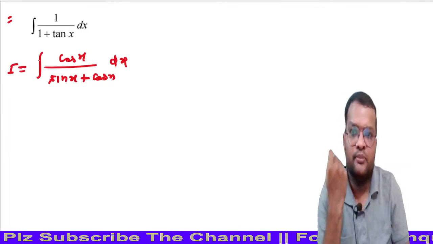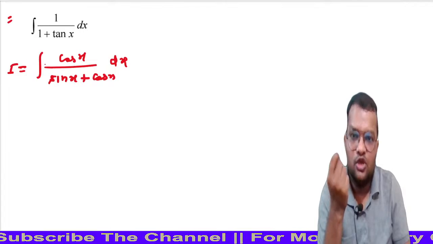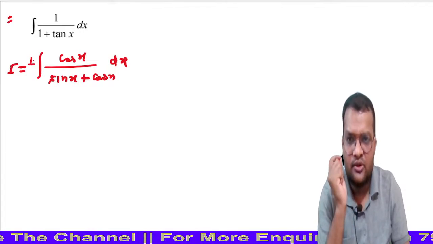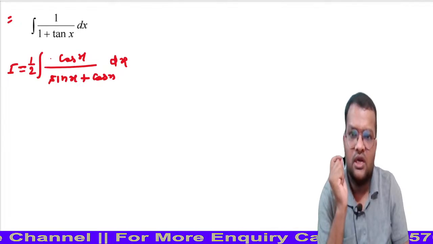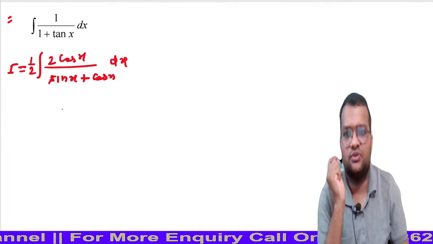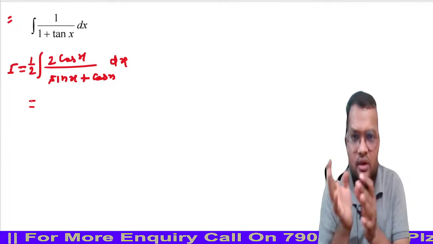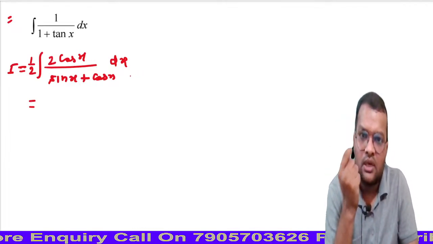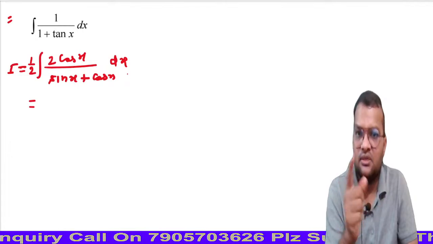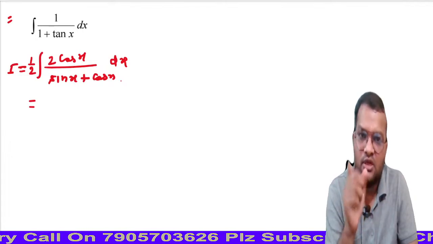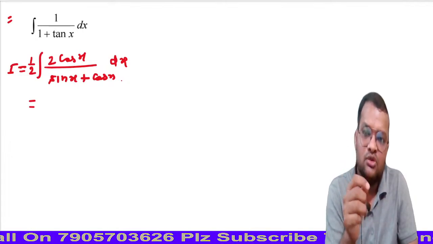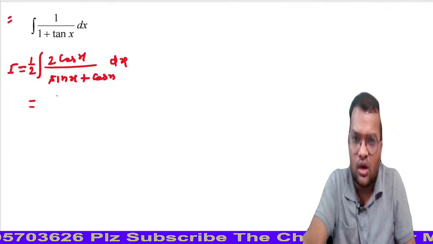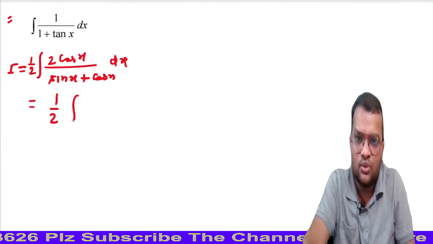Now, what do we need to do now? So you need to multiply in numerator and denominator by 2. So you can take the common 1 upon 2 and multiply by 2 here. First you make the numerator similar to the denominator. So how you do it? 1 upon 2.